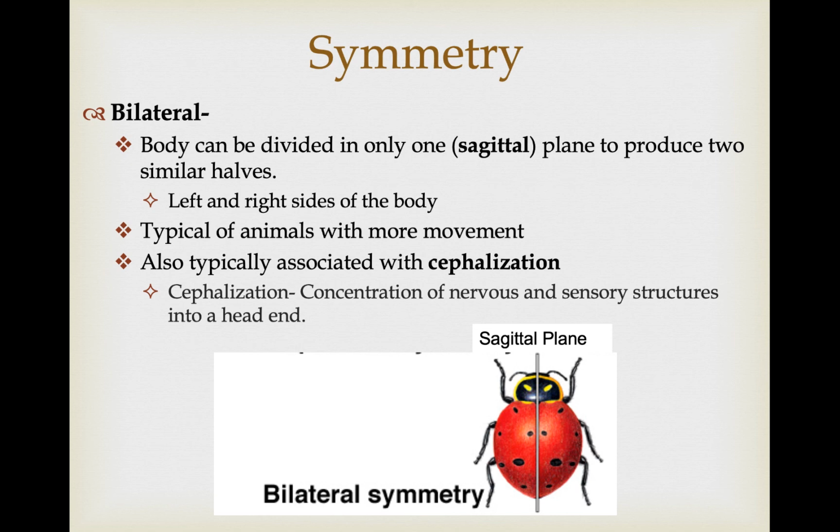These animals oftentimes are much more active, much more characterized by movement. And if you're going to move, you should show what is called cephalization. Cephalization is the concentration of nervous systems and sensory systems into a head end. Now, why would you do that? Well, if you're going to be moving, you tend to move into the world head first.